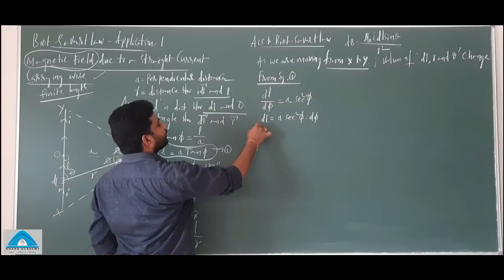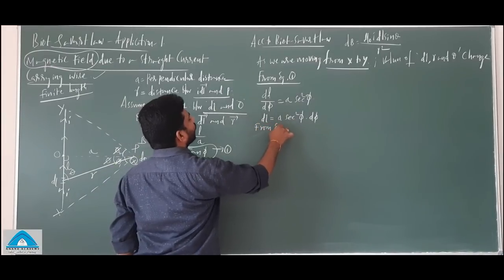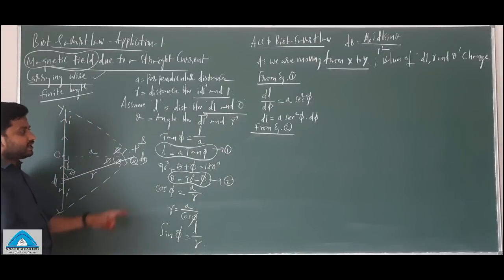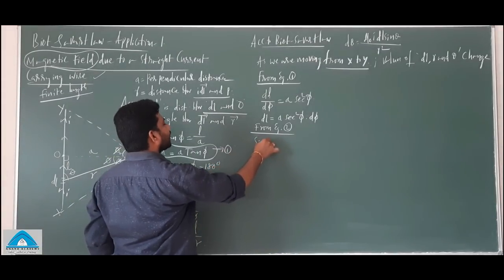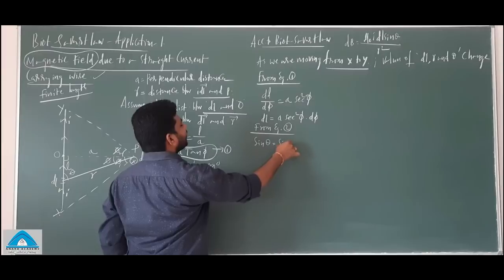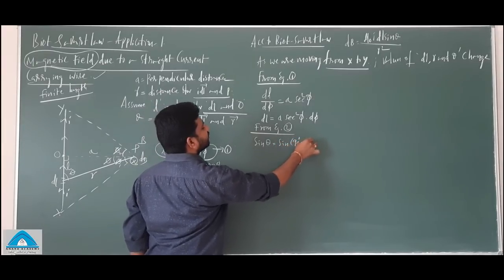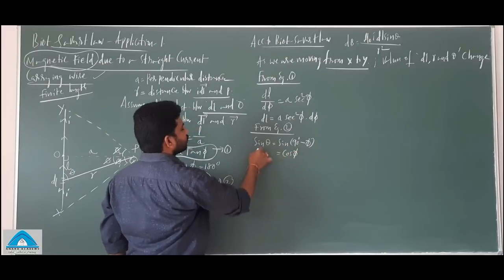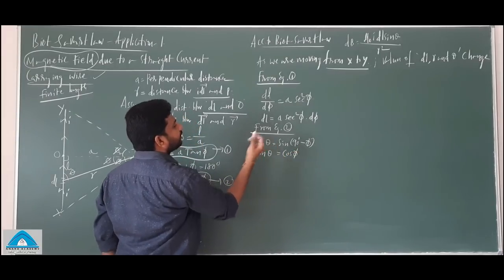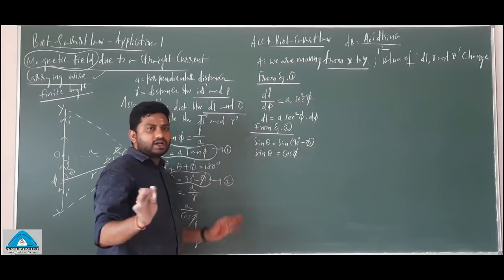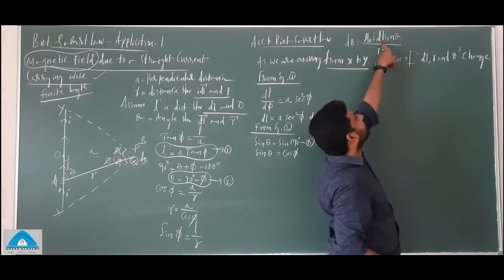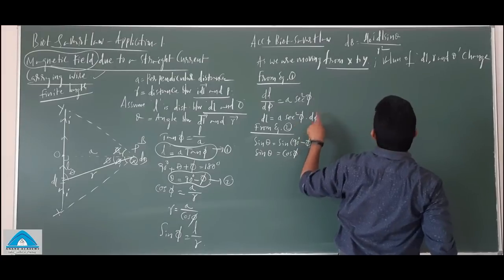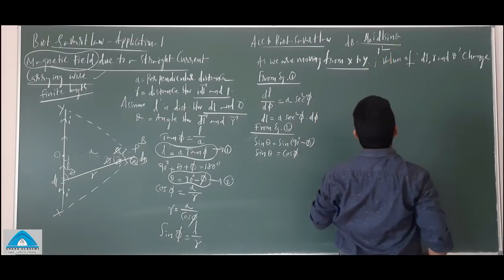From equation number 2, sin theta can be written as sin of 90 minus phi, which is equal to cos phi. So sin theta can be written as cos phi. It's done. Dl we have found in terms of phi, and sin theta also we have written in terms of phi.